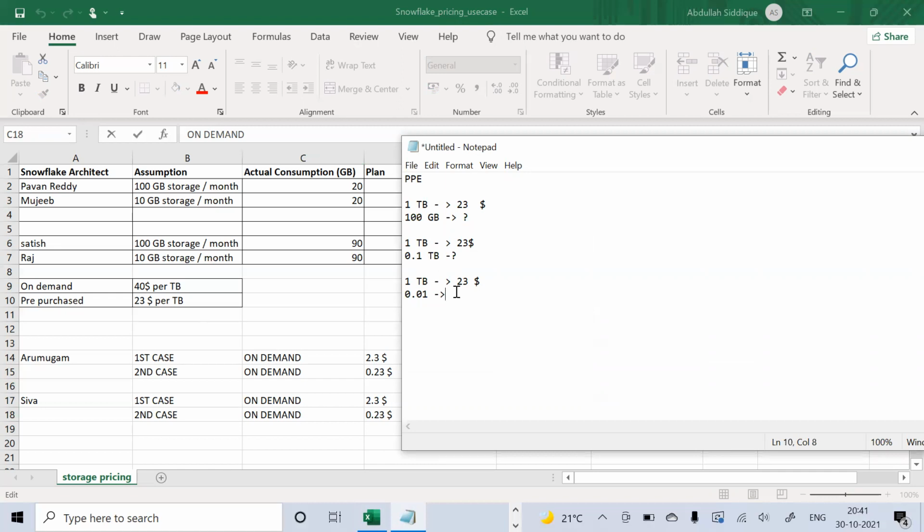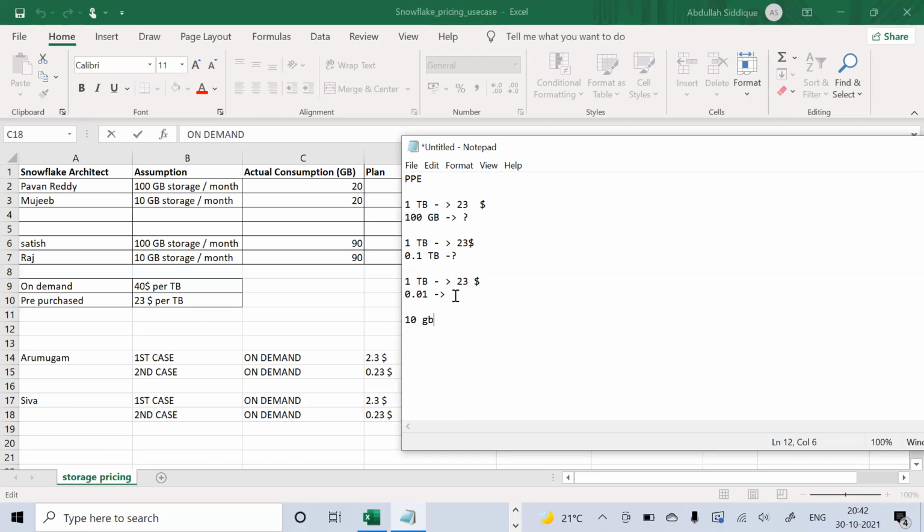My question is, if you choose pre-capacity, I cannot pay less than 1 TB, the minimum is $23, right? No. You have assumed that my system will take 10 GB per month. You are going to tell Snowflake that I want to pay upfront for 10 GB only per month. They say for 1 TB we charge $23 upfront, so for 10 GB, based on this formula, you give us that much money.